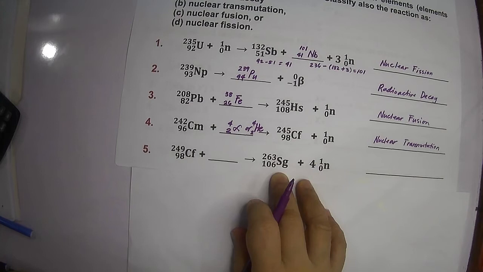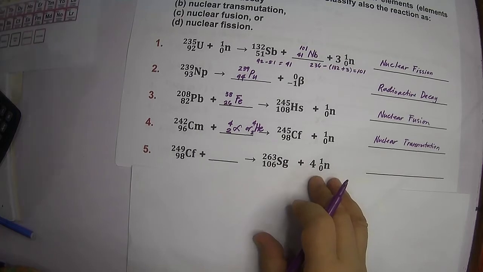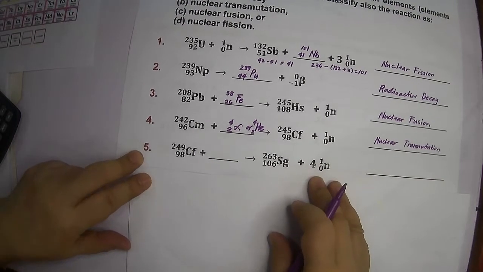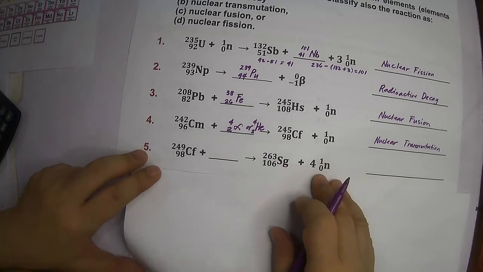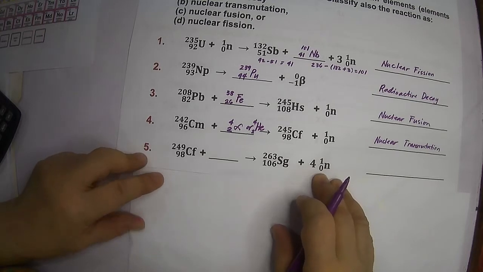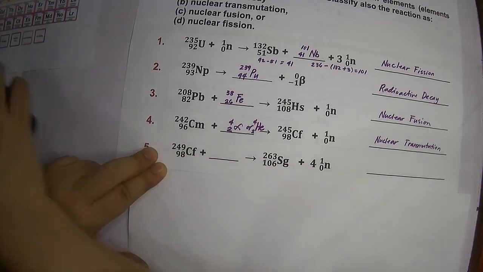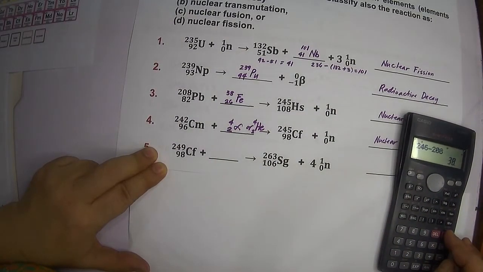The product is seaborgium-263 and 4 neutrons. Since the neutron is neutral, we can just balance in terms of atomic number.